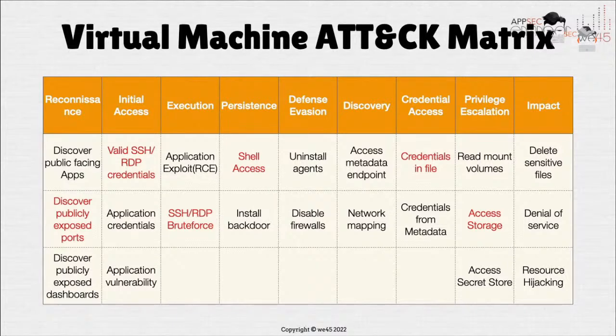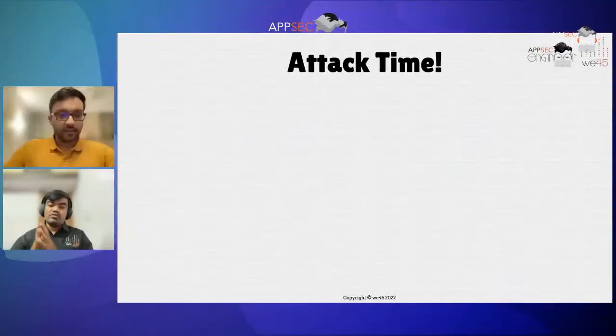Once we get the IP address, we'll try and run a brute force tool to find whether we can find an SSH credential. If we are successful in finding an SSH credential, then we will get a shell access, and then we'll try and read the credentials within the virtual machine, and then we will escalate the privileges to a storage. This is what we are trying to do in our attack. So let's get started with our reconnaissance phase.